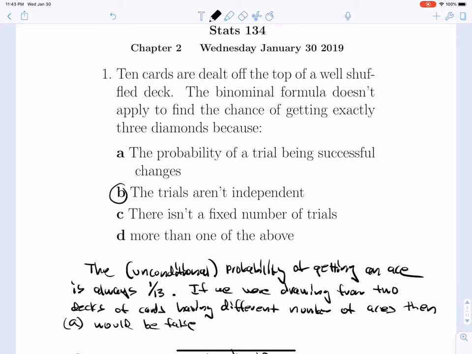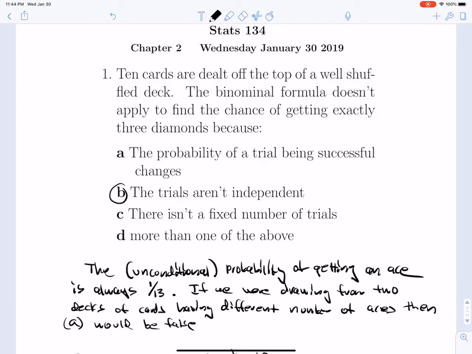And so you might ask yourself, how could the probability change for the trials if it's an unconditional probability? Well, I guess you need to be drawing from 2 different decks, one with 13 diamonds and one with 20 diamonds or something like that.